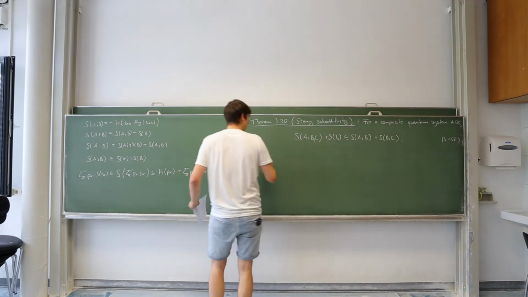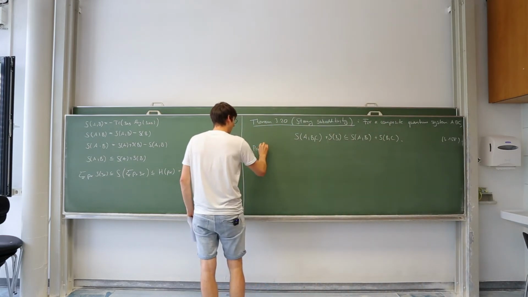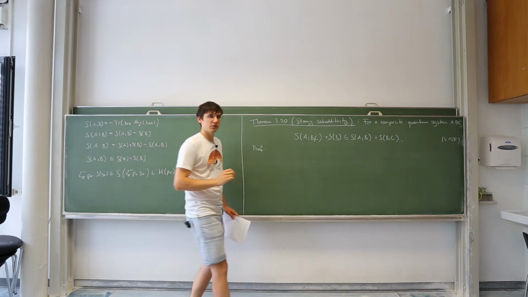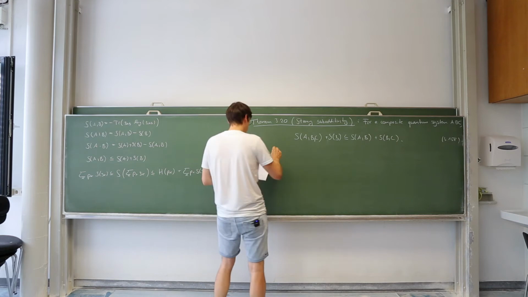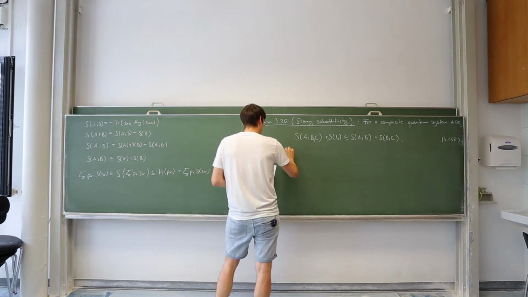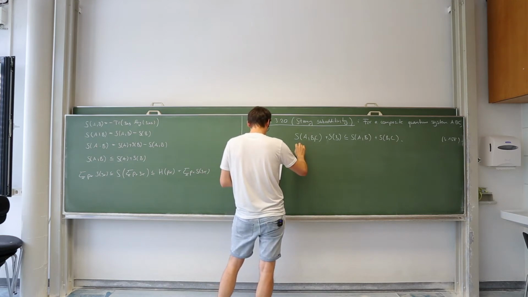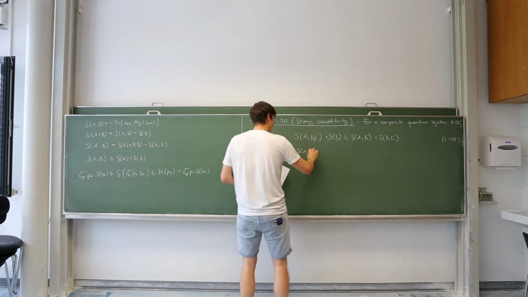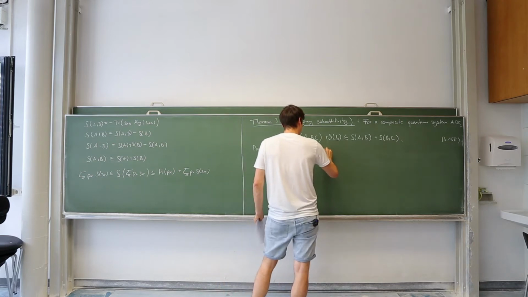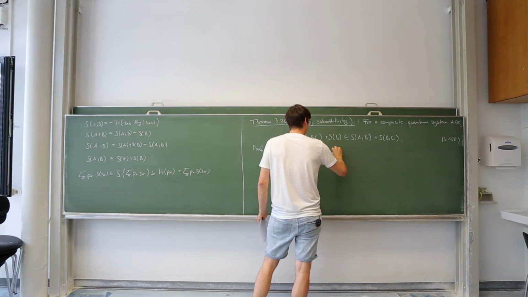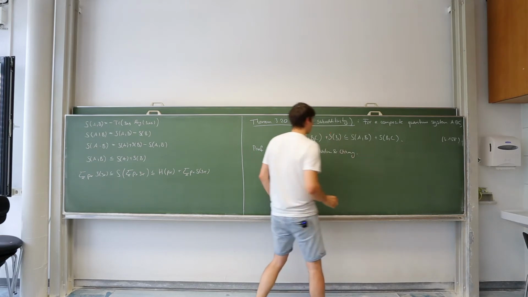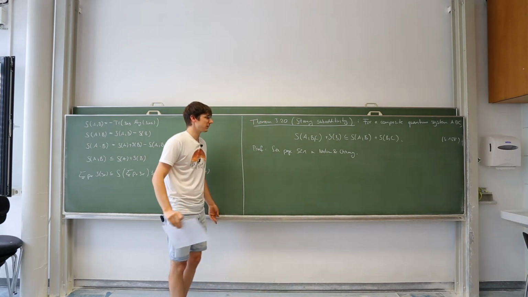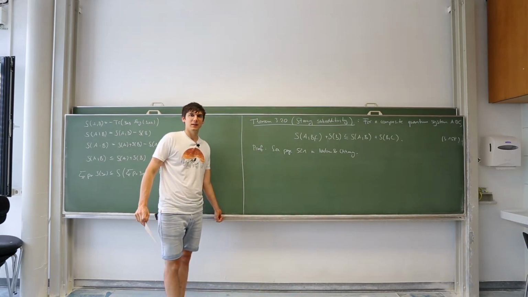So the proof, we're not doing the proof here, it can be found in the literature, for example, in the book from Nielsen and Chuang. So see, for example, page 501 in Nielsen and Chuang. The reason that we are not showing it is because it's fairly complicated.